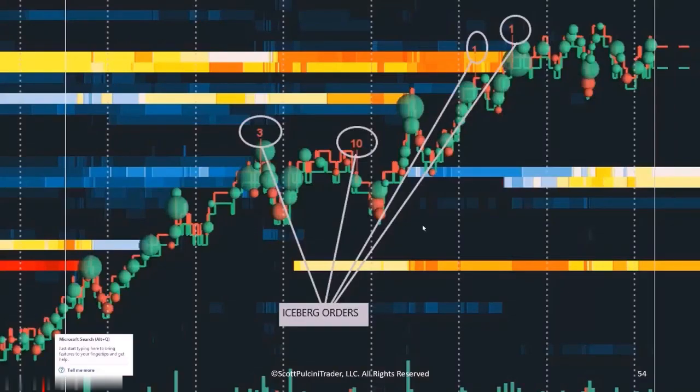Bookmap detects automatically when iceberg orders are set in place.